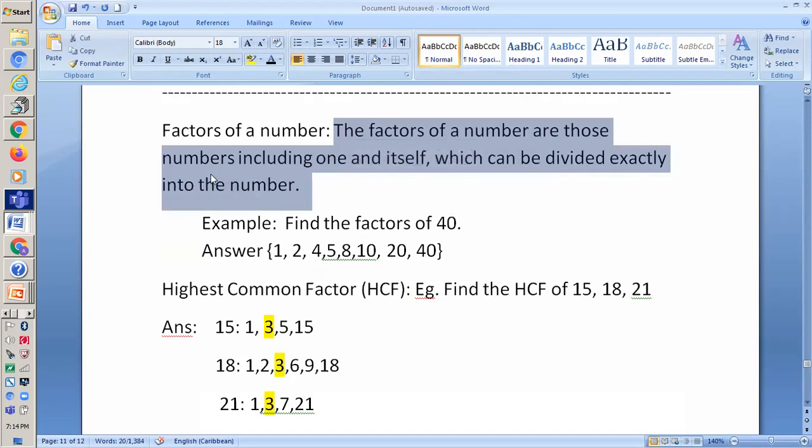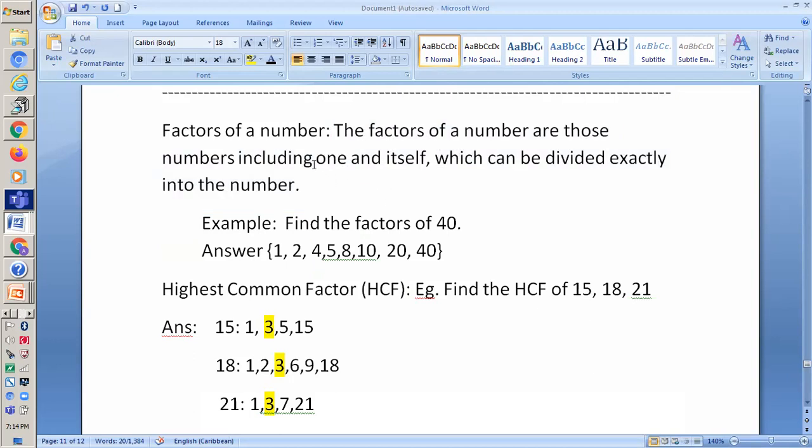Factors of a number are those numbers, including 1 and itself, which can be divided exactly. What does that mean? Do you know? No, sir. It means that when you divide it, you don't get a remainder.